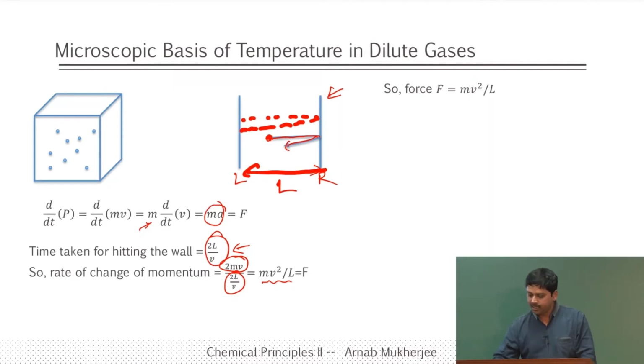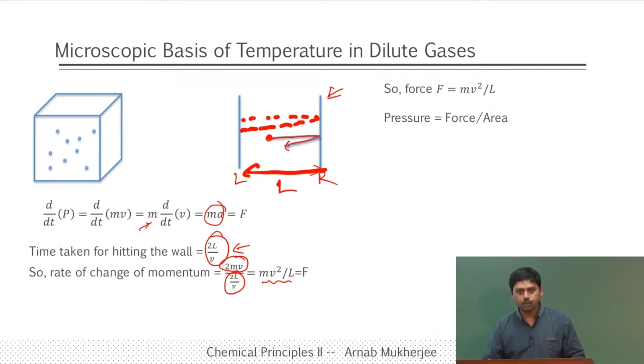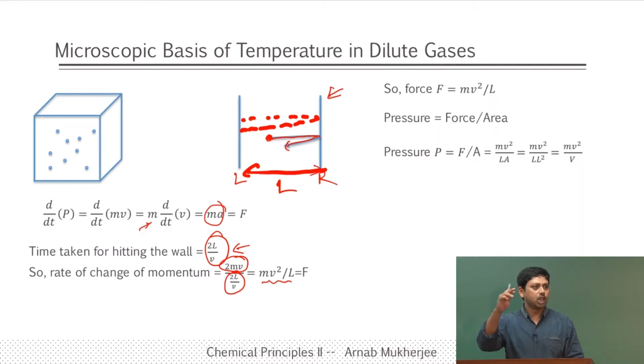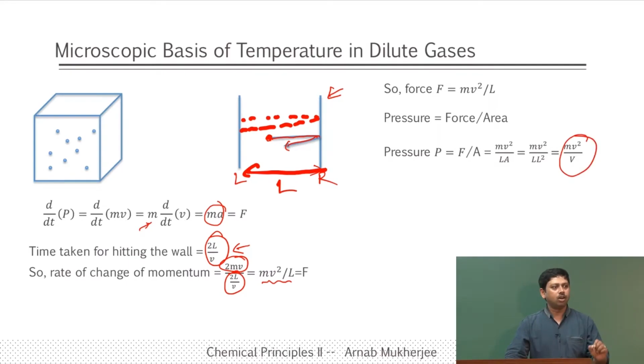So, the force acting is mv square by L. Pressure is force per unit area, which is mv square by L into A, and A is a cubic face, L square, giving rise to mv square by V. So, mv square by V is the pressure acting on one side of the wall in one direction.